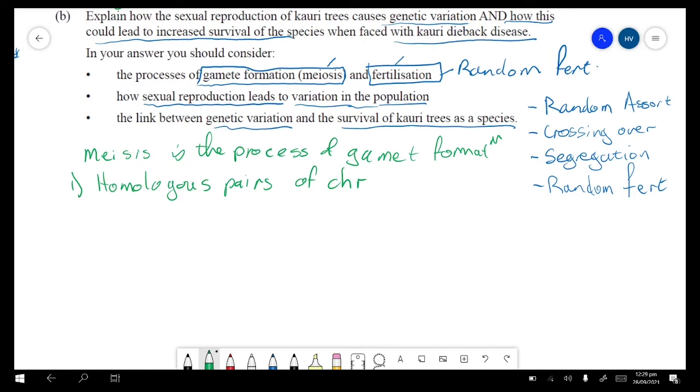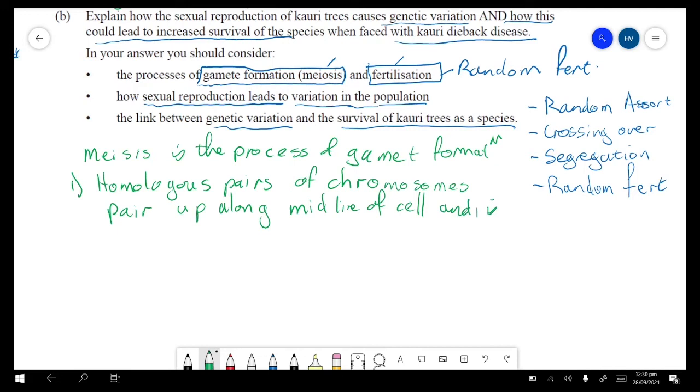So homologous pairs of chromosomes, they pair up along the midline of the cell. Because at this stage, I'm saying cell and not nucleus, because the nucleus membrane has actually been removed. Okay, so they pair up along the midline of the cell, and this is where random assortment comes in.